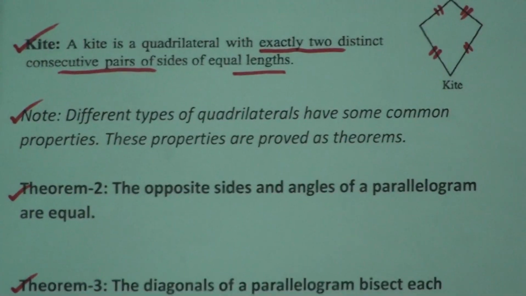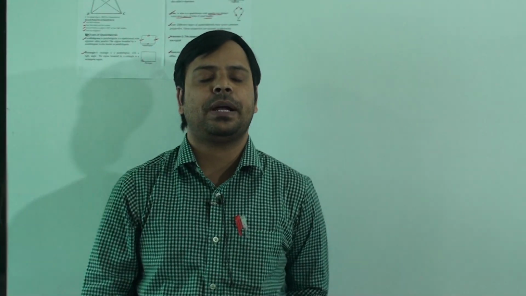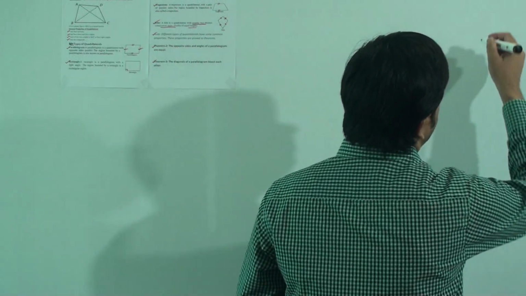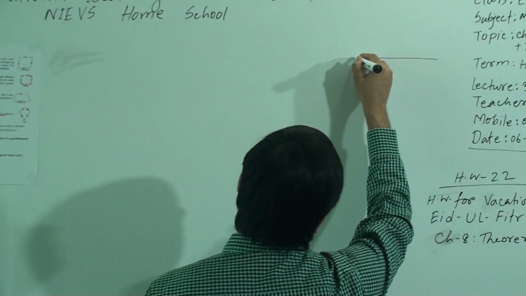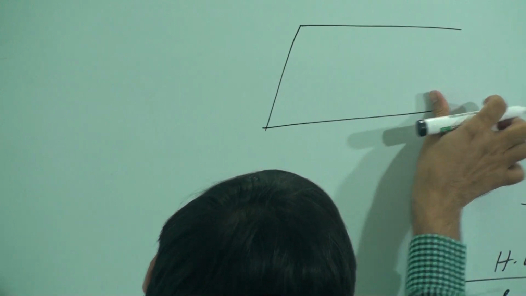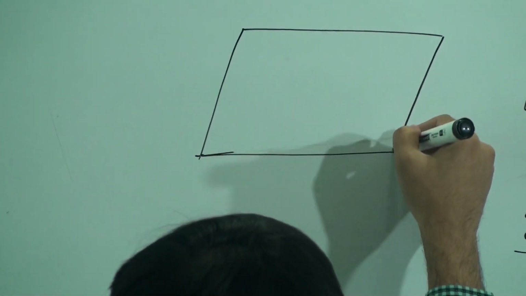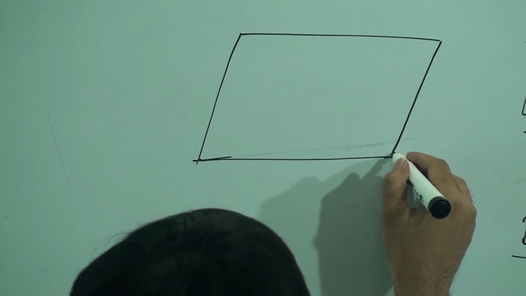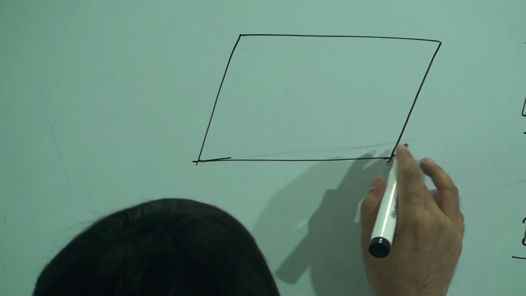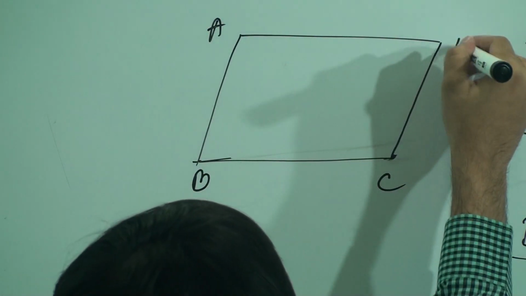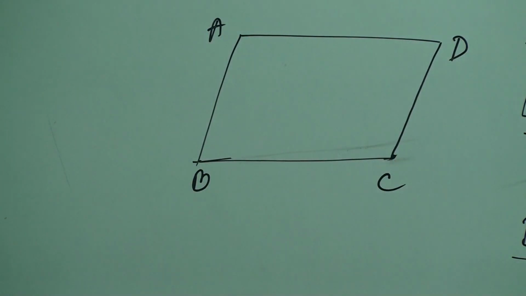It means that if we consider any parallelogram, the opposite sides and angles of the parallelogram will be equal. So let us see. At first I will draw the figure of a parallelogram. Suppose here ABCD is a parallelogram.